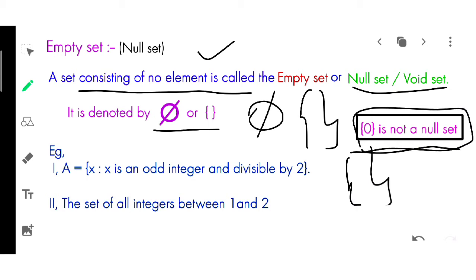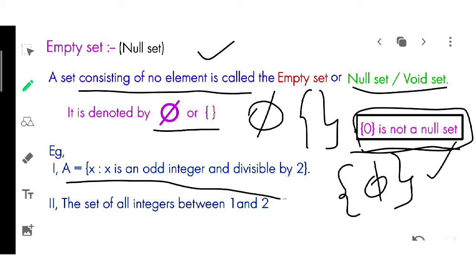Because the set has the element 0, so this won't be a null set. It is the set with element 0 because it holds the element 0. Okay students, now when we have a set like this, it is also not a null set. Okay students, make this note. It helps you to understand the clear concept of empty set or null set.